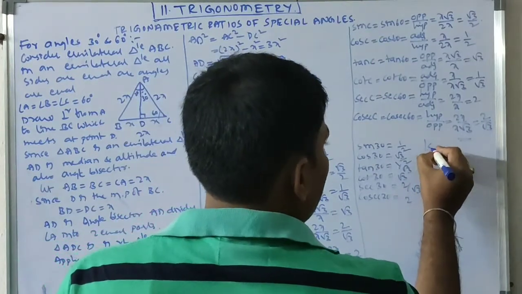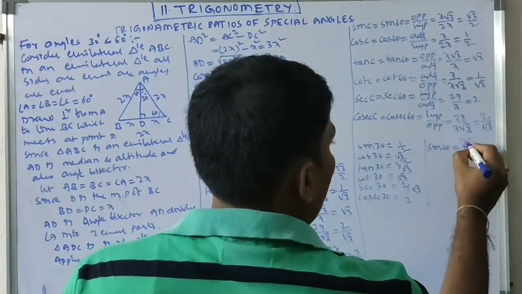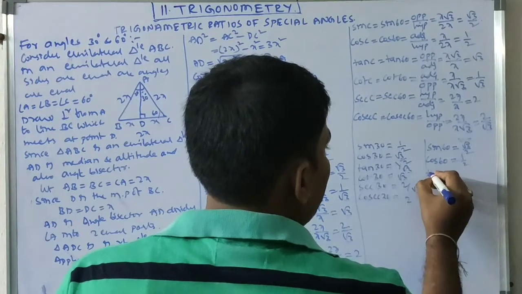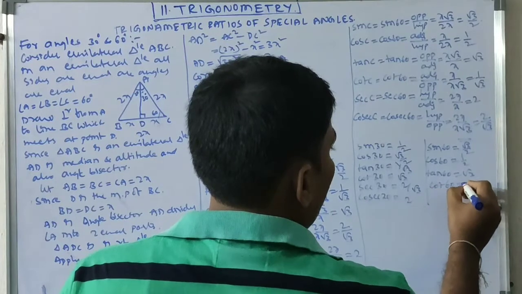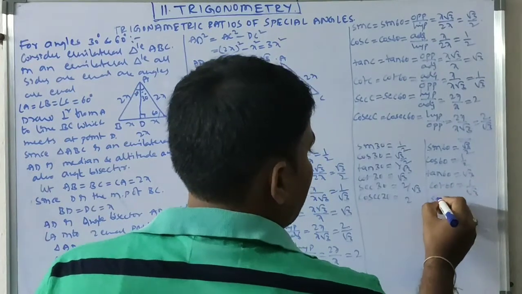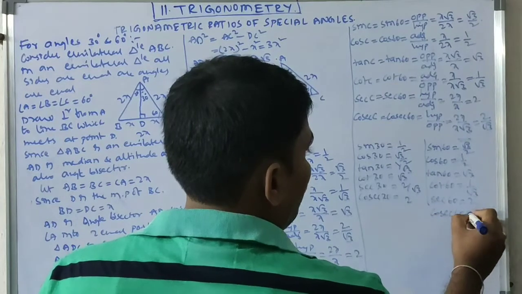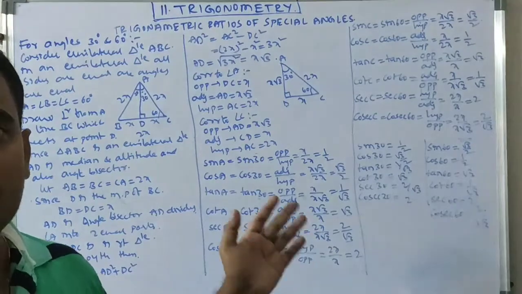Next 60 degrees: sin 60 is root 3 by 2, cos 60 is 1 by 2, tan 60 is root 3, cot 60 is 1 by root 3, sec 60 is 2, cosec 60 is 2 by root 3. So these values are very important, we must remember.